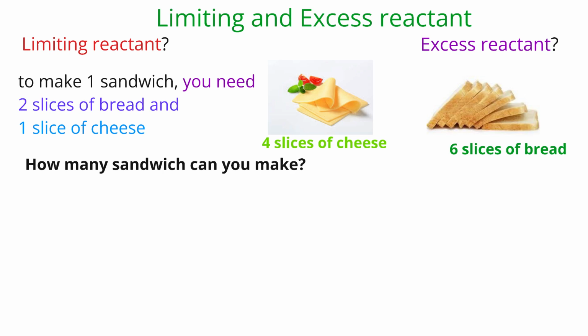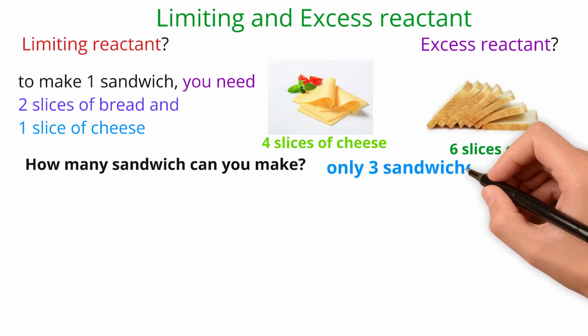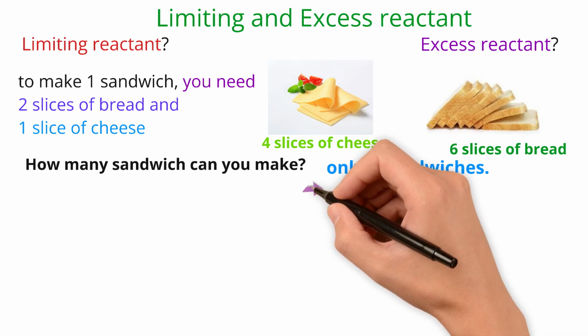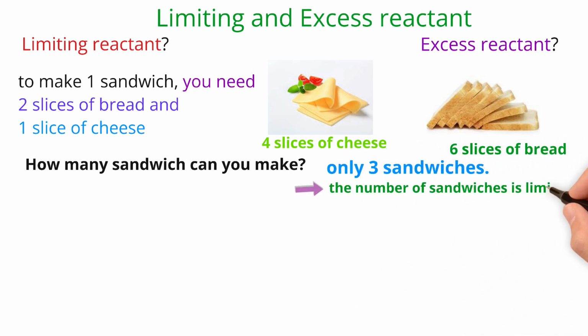Don't forget, to make one sandwich you require 2 slices of bread and 1 slice of cheese. You can only make 3 sandwiches. The number of sandwiches is limited by the number of slices of bread.